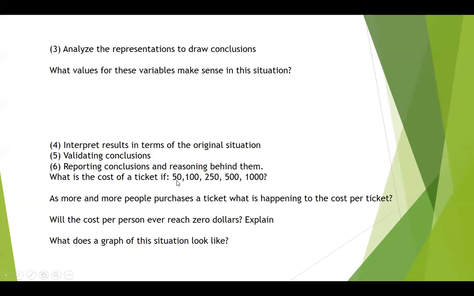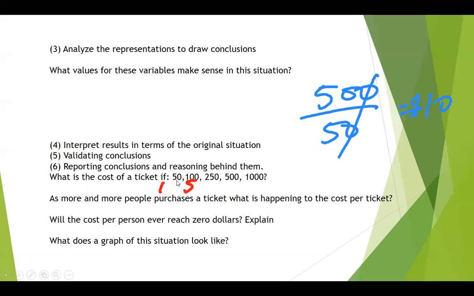I'm expecting them to say it's going to be 500 divided by 50, so each person would pay $10. Then I ask, what about if it was 100 people? I'm expecting them to say they're going to pay $5.